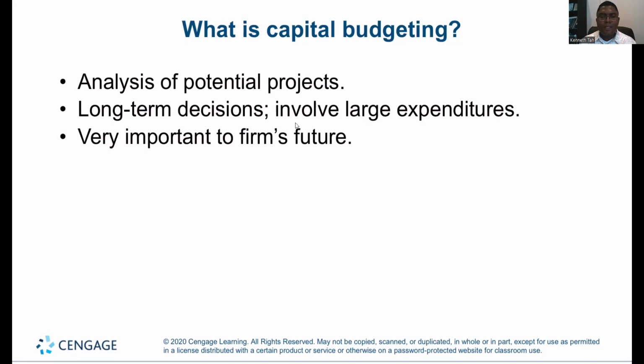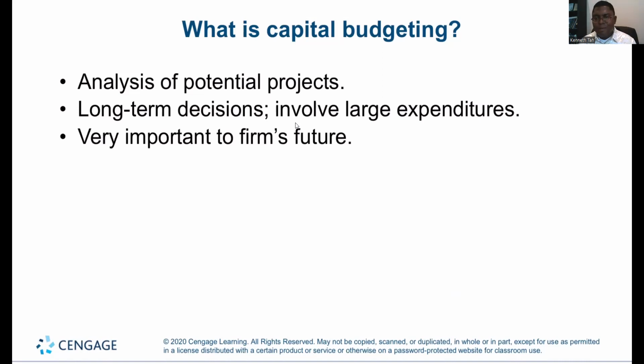So it tells us that the cash flow that is coming out from this kind of project goes beyond one accounting period, goes beyond 1 year. So these are long-term decisions, and they usually involve large expenditures. So there is an initial cash flow, which is the expenditure that goes into this kind of project. And then there will be a series of cash flow that will start coming in.